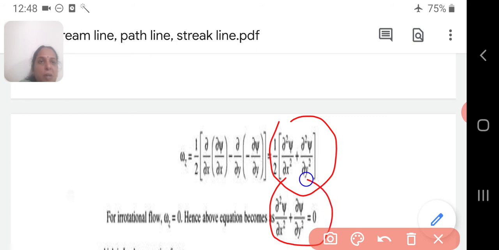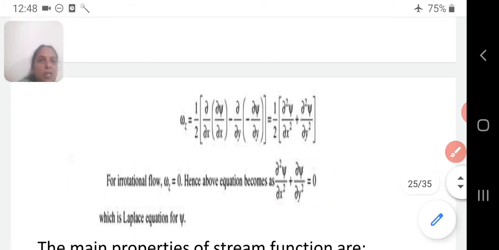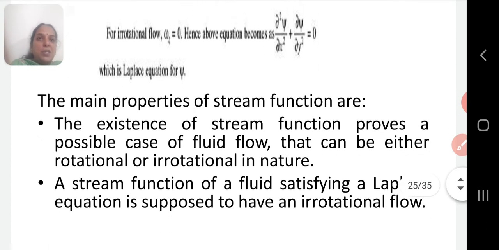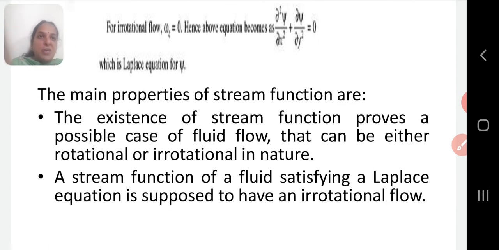So it is dou square psi by dou x square plus dou square psi by dou y square is equal to 0, which is the Laplace equation for psi. So we have found out the Laplace equation for phi and the Laplace equation for psi. So the main property of stream function is the existence of stream functions.